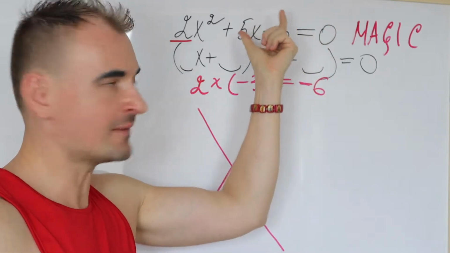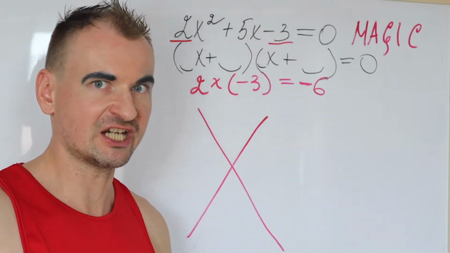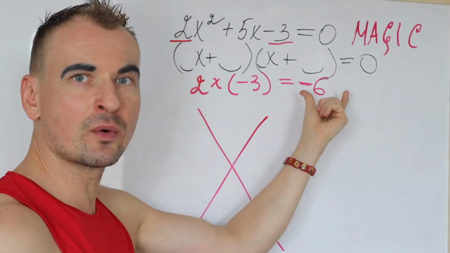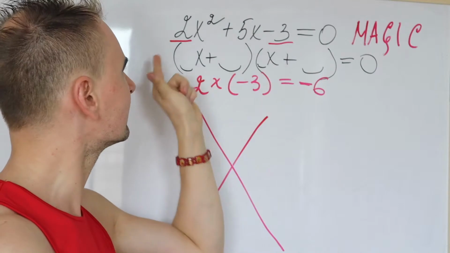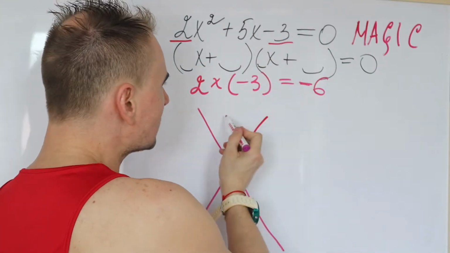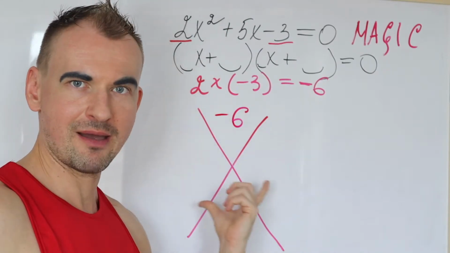It's -3. That negative has to be taken into consideration. Now, this -6, the number we got by multiplying the leading coefficient and the last coefficient, we're going to place on top of your x.